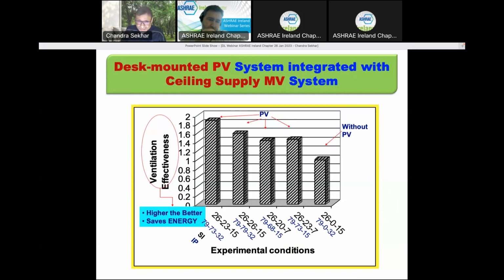That's what these numbers here talk about. 26 background, 23 in the breathing zone, and then we provided the 15 liters per second per person or 7 liters per second per person. Notice when we use personalized ventilation, the effectiveness is really very, very good compared to when we only use mixing ventilation, right? No personalized ventilation is pretty low. It's about 1, everywhere in the room is about the same.